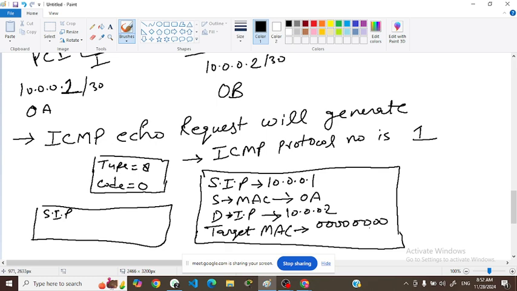Is it clear for everyone? Only 0 as the destination MAC address. Do you know the MAC address of the other computer? No. So if you don't know, then it will type only 0.